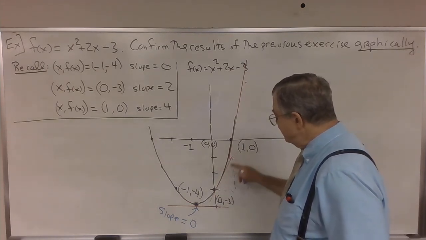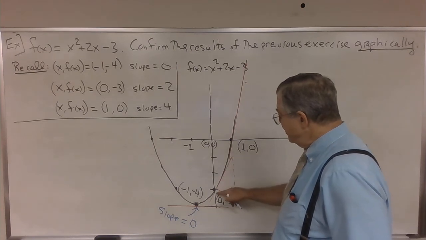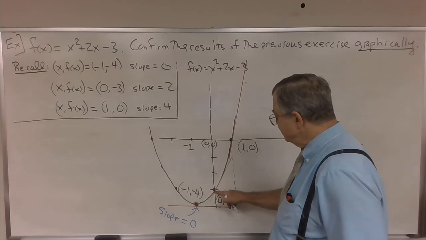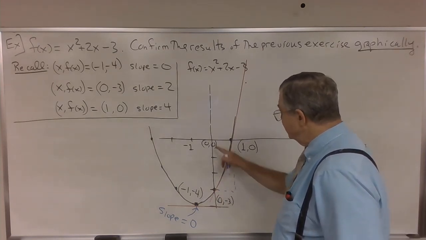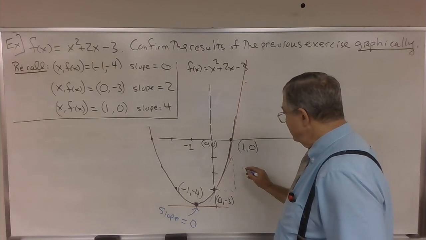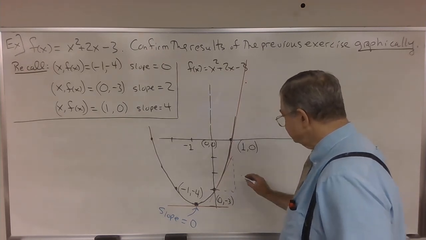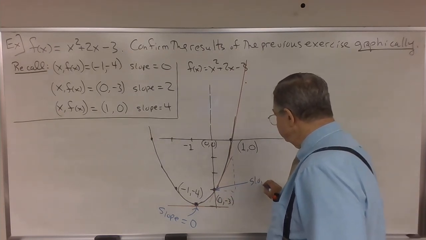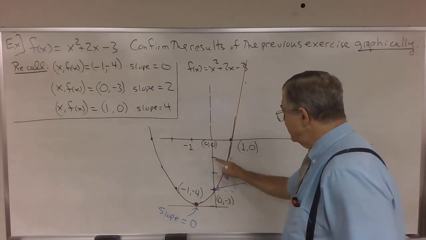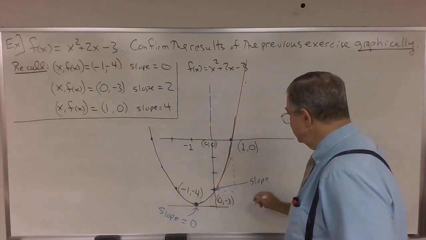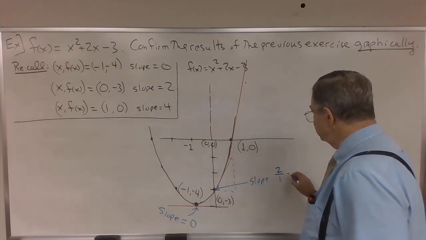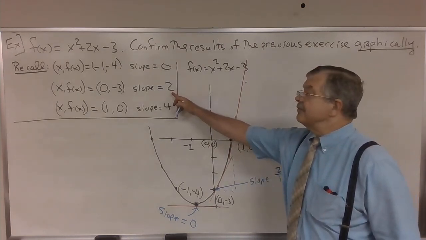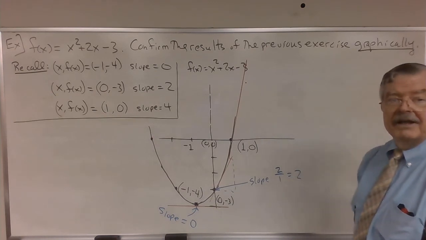And going from this point to this point, I go up 2 units, and I go over 1 unit. So the slope is 2 over 1, or 2, which is exactly what the derivative says the slope of that line should be.